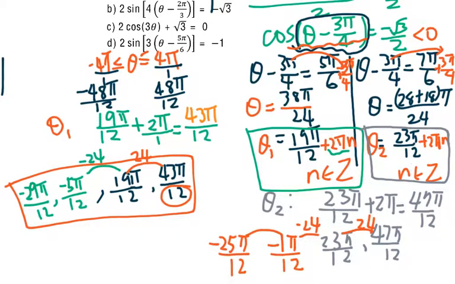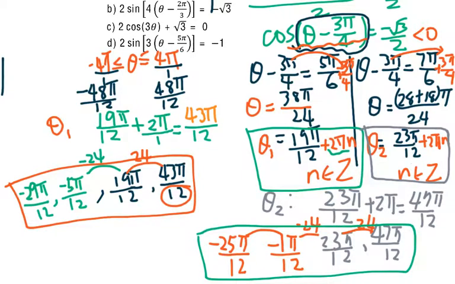I need to stop because if I subtract 24 again, it will be less than negative 48. So basically, this is the list for theta 2 between negative 4 pi and 4 pi.